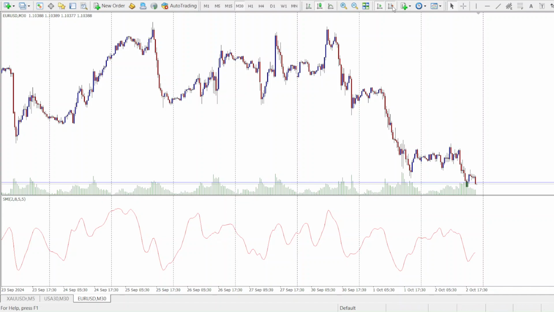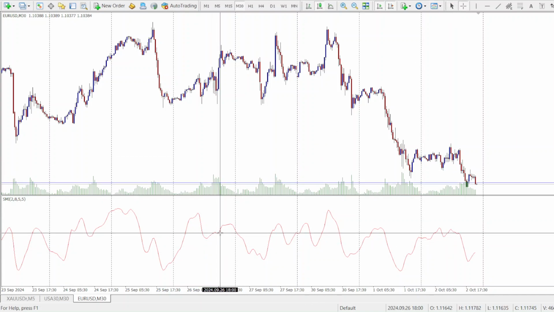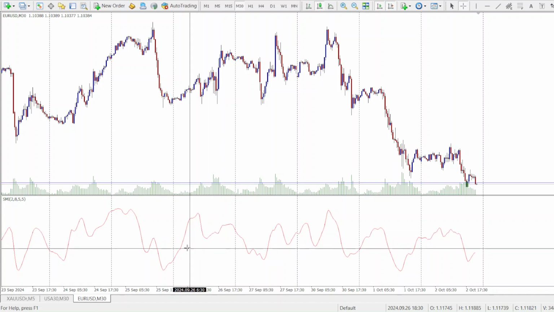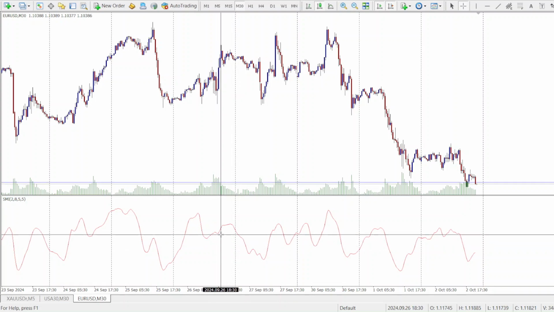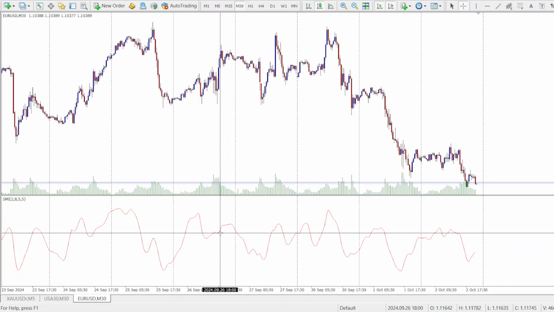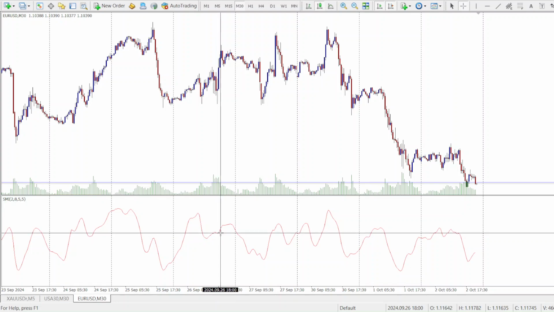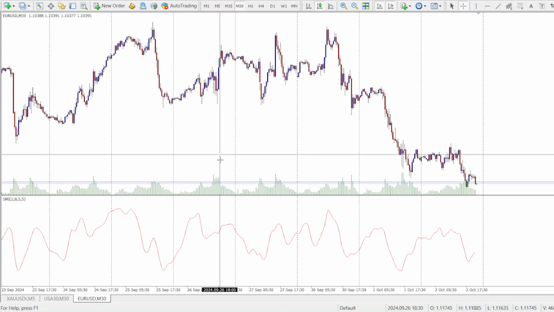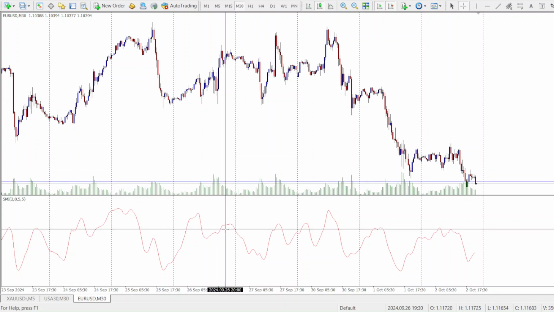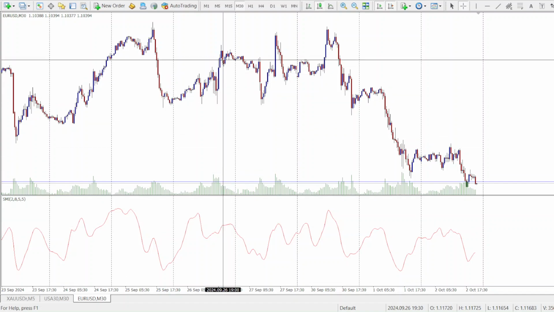Then right after a new upward curve began to form, considering the fact that this is still within a day, you could have considered entering another buy trade right after the upward curve had begun to form. That would have been entering somewhere around here, and then right at the center of a new downward curve, we would have exited again.